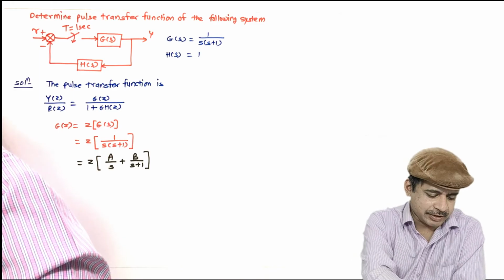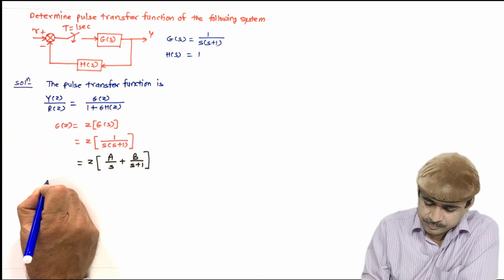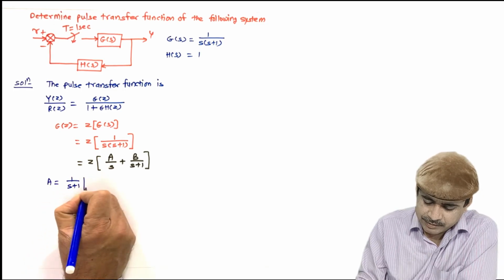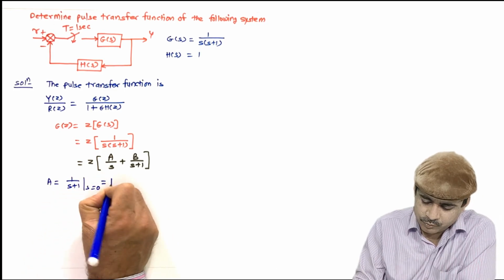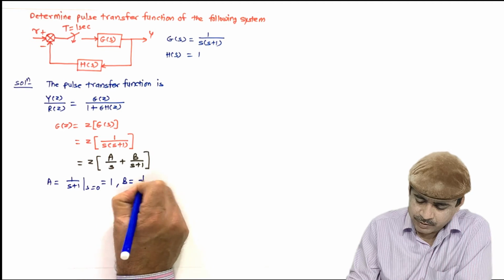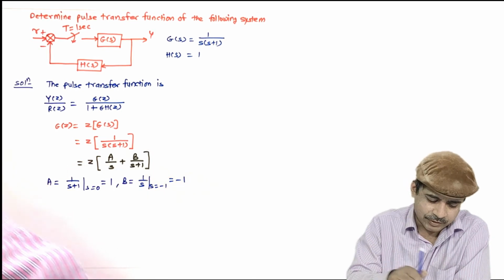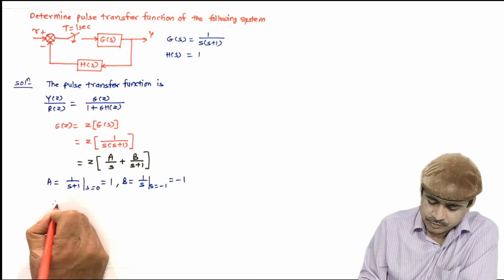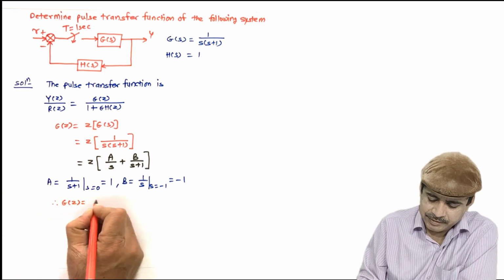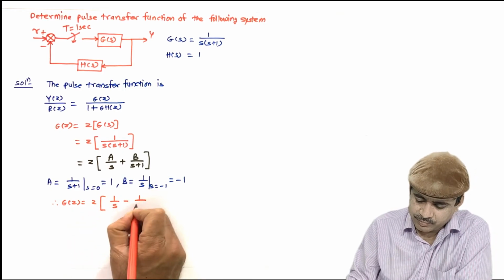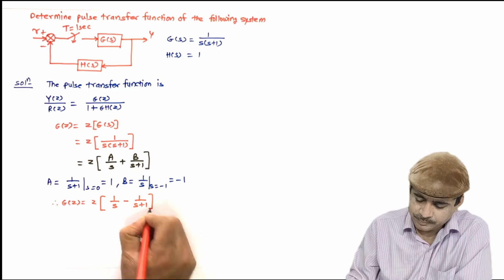Let us find out the partial fractions. A is equal to 1 by (S plus 1), keeping S equal to 0, that is 1. And B is equal to 1 by S, keeping S equal to minus 1, that is equal to minus 1. So G of Z is equal to Z transform of 1 by S minus 1 by (S plus 1).